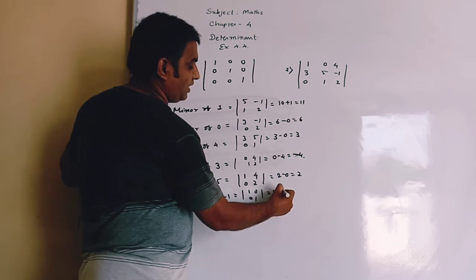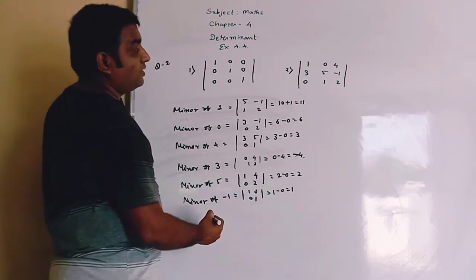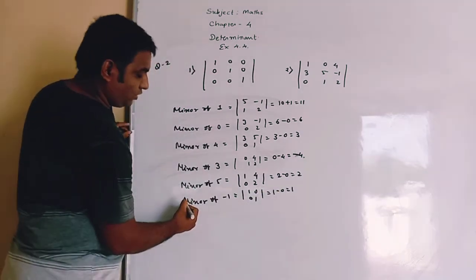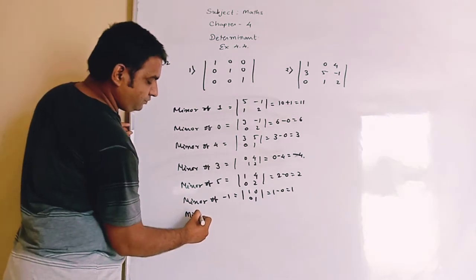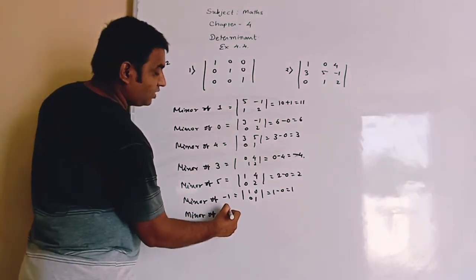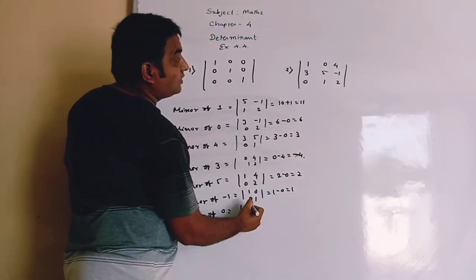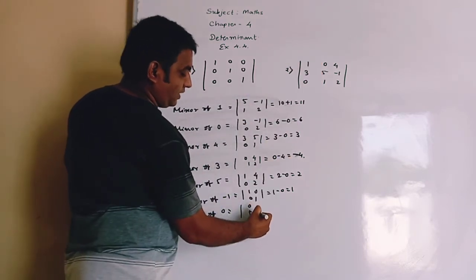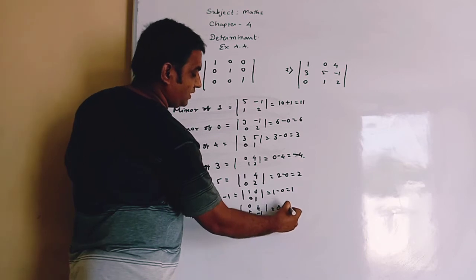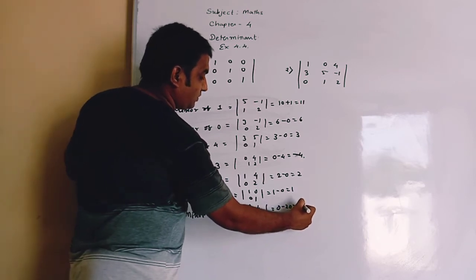So it is 1 minus 0, 1. Minor of 0, and 0 containing row and column we remove. Then 0 5 4 minus 1 we are getting. So 0 minus 20. So it is minus 20.